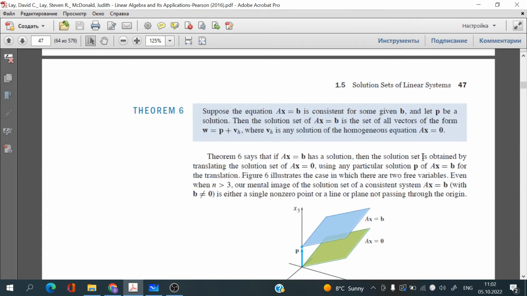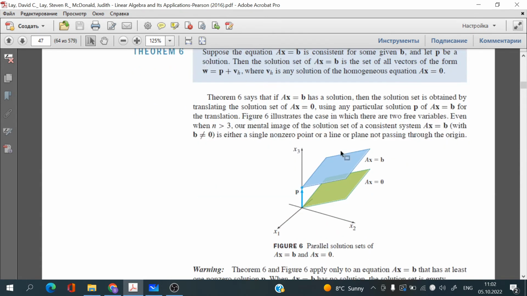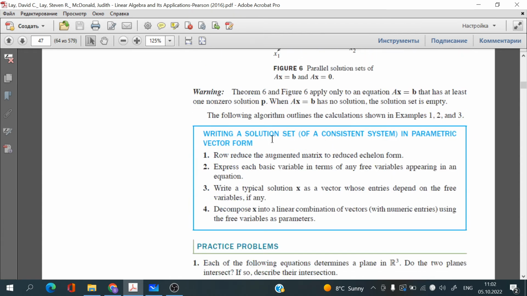So also we studied this theorem. You can read it by yourself. And here is a general procedure, for example, for writing the solution set of a consistent system. A consistent system, you already know, has one solution or infinitely many, correct? In parametric vector form: first, as I always say, row reduce the augmented matrix to reduced echelon form.